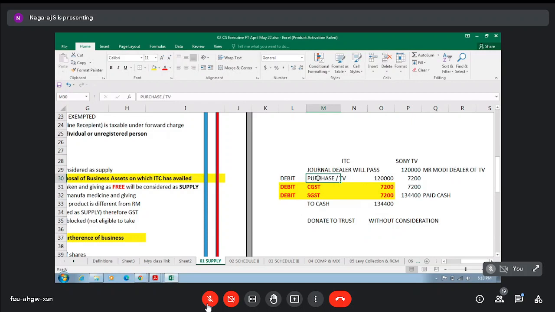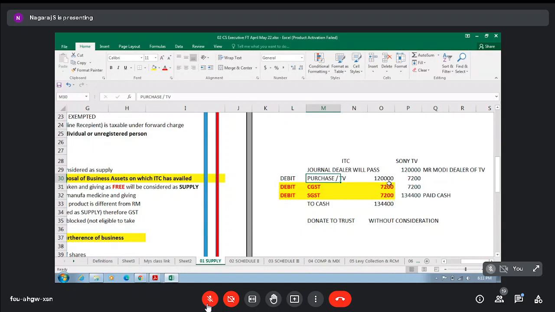If you supply any goods, they call it business assets. Is the TV not the business asset for the dealer? Yes, sir. If any business asset is supplied without consideration, on which you have taken the ITC, that is called availment of ITC.